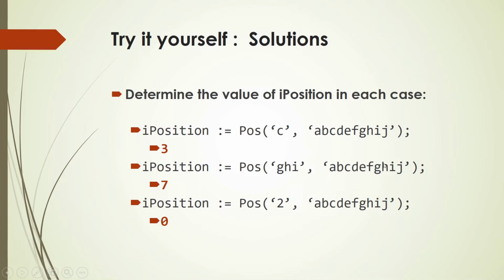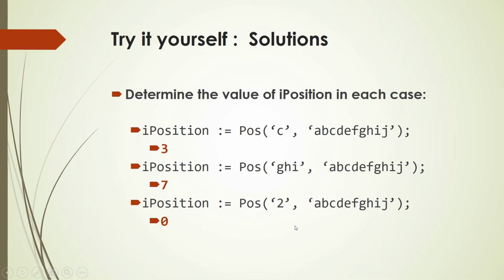So those are on 7, 8, and 9, but it will return the position of the first character, which is 7. In the next example, I'm searching for the character 2. And if I look at the string literal, it does not exist. So if the character that I'm searching for does not exist in the string literal or in the variable, pos returns 0.